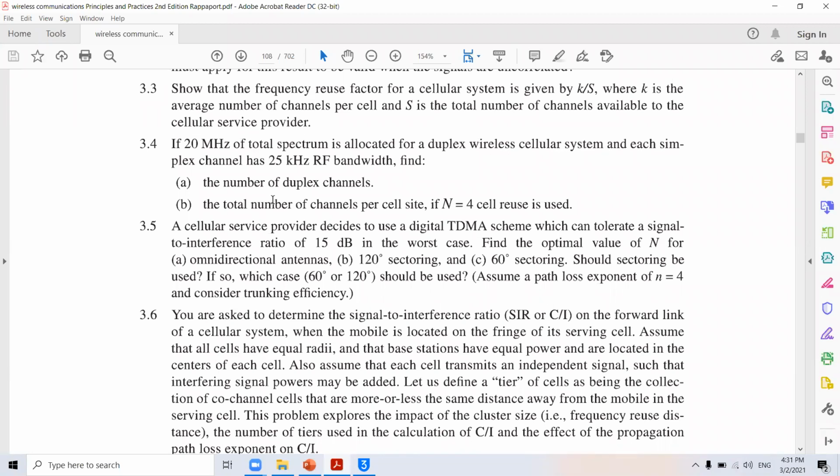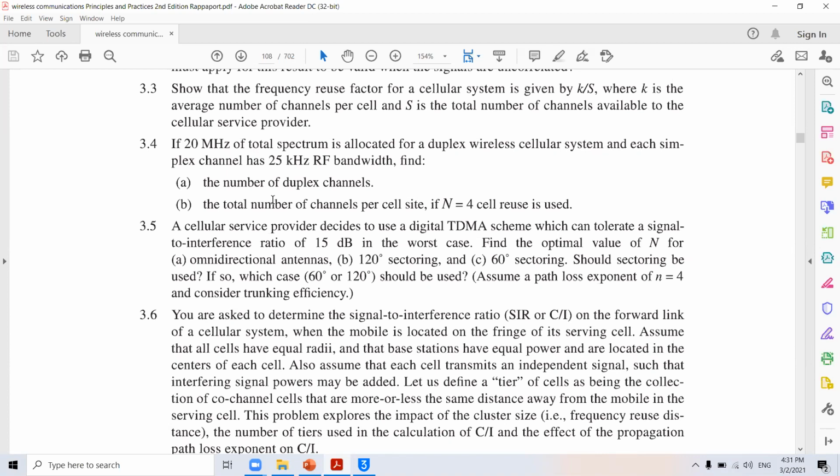Okay, so S over I equals 15 dB. In the worst case. Now find the optimal value of N. N capital is unknown for an omnidirectional antenna.